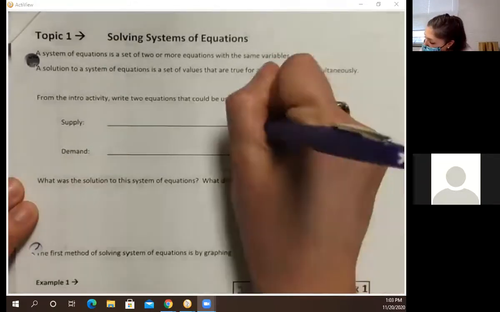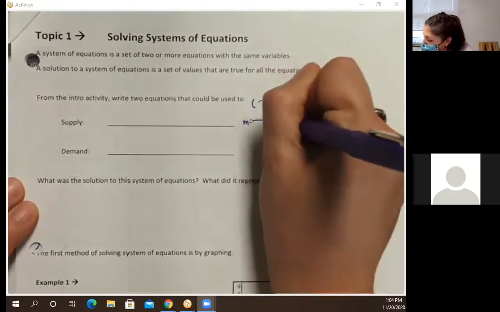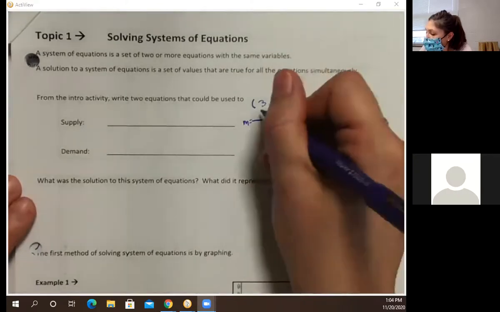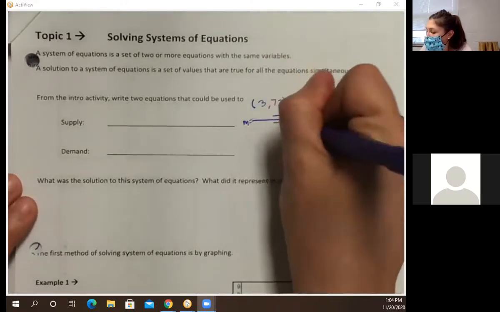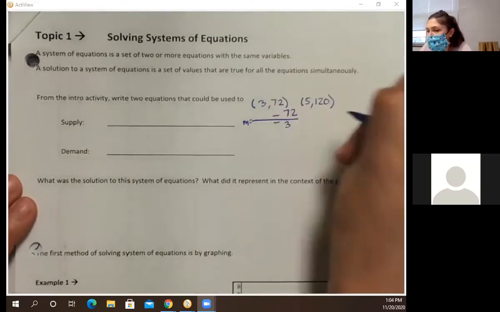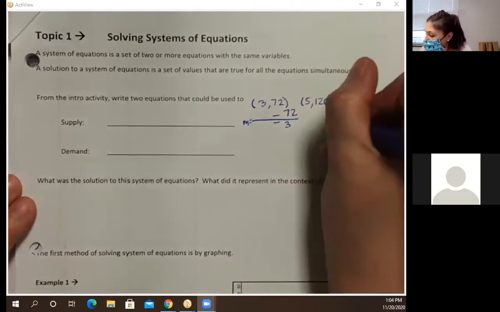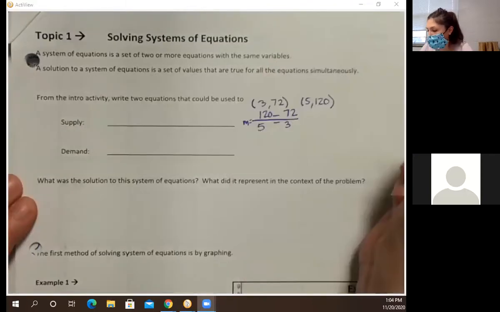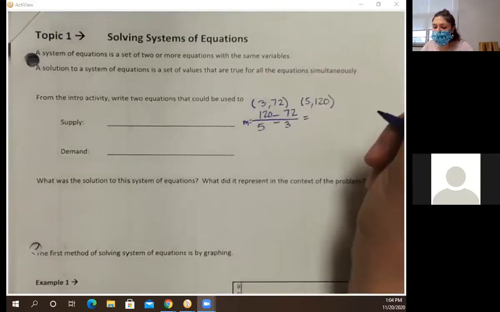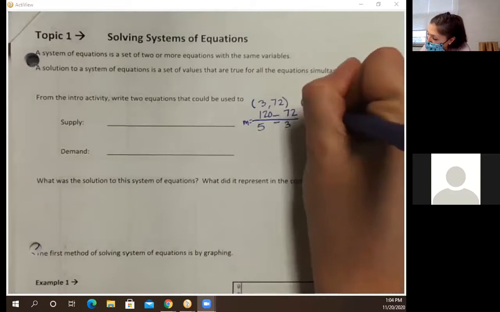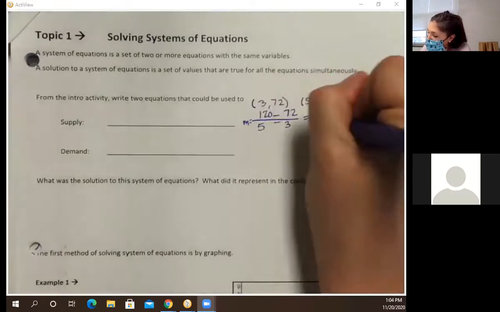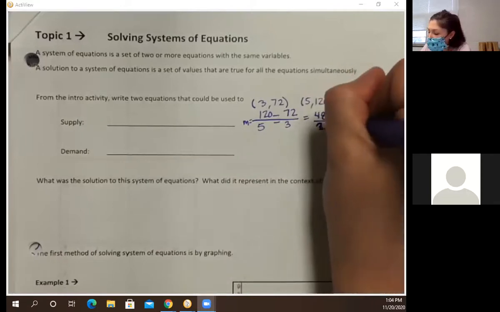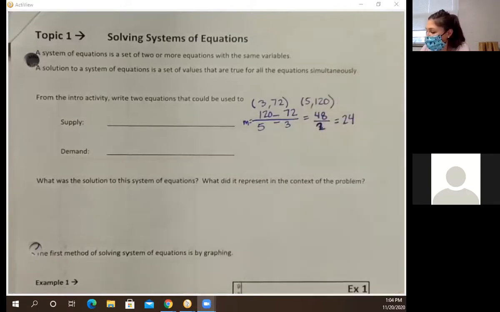So remember, for slope, x on the bottom, y is on the top. So for my first point, 3 goes on the bottom, 72 goes on the top. For my second point, 5 goes on the bottom, 120 goes on the top. 120 minus 72 gives me 48. 5 minus 3 gives me 2. 48 divided by 2 gives me 24.